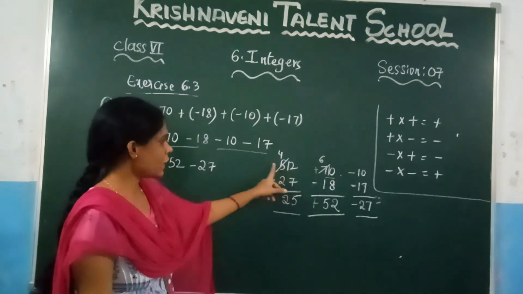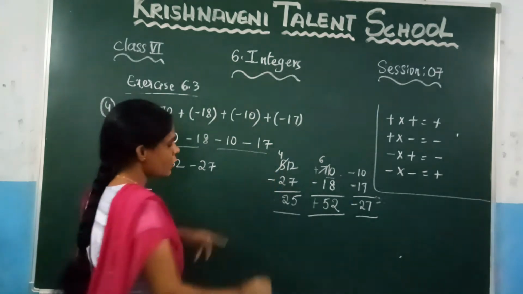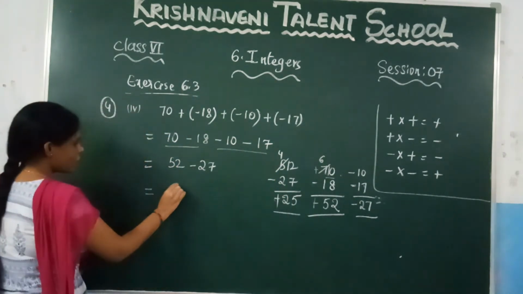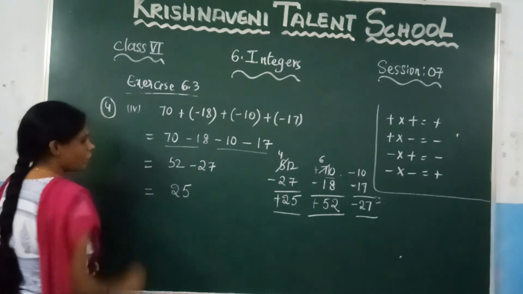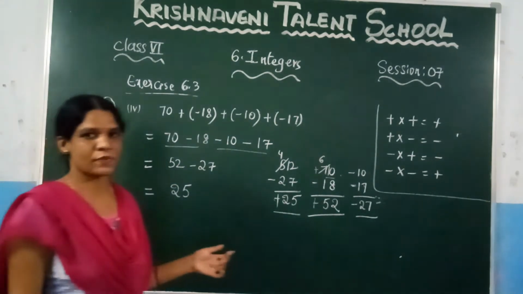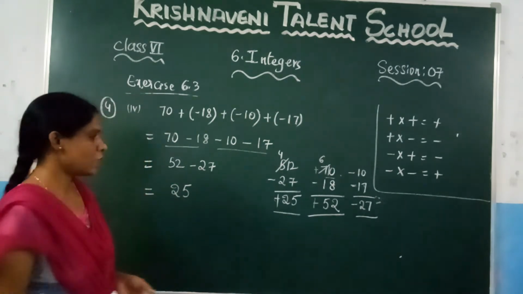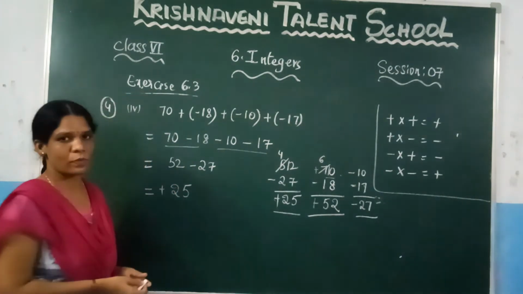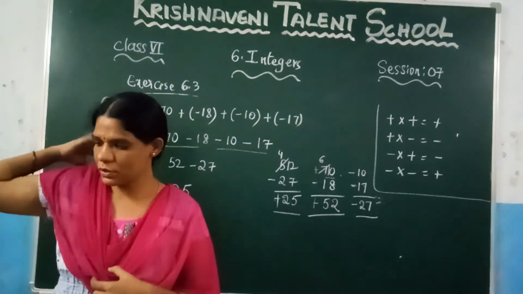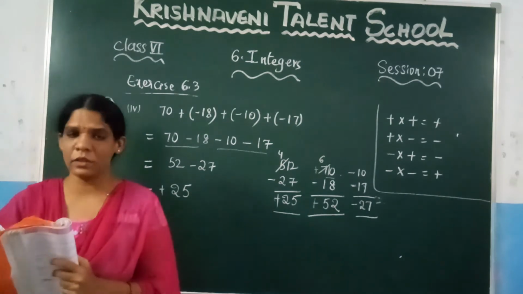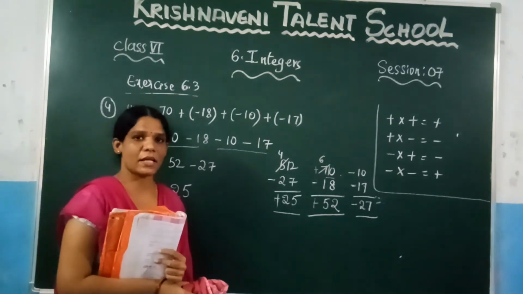Since for the bigger number, the plus symbol is there, in the answer you will get the plus symbol. So what should be the answer here? 25. 25 or plus 25, both are the same. There is no need to put the plus before it. If you put plus also, no problem. Now this is about this exercise. So we have completed this exercise.